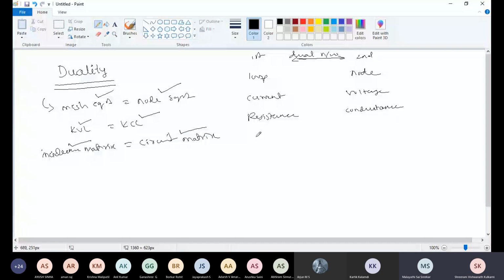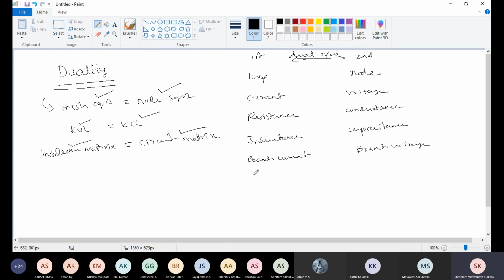See, current source will be replaced by voltage source, resistance will be replaced by conductance, inductance will be replaced by capacitance. Then branch current will be replaced by branch voltage.